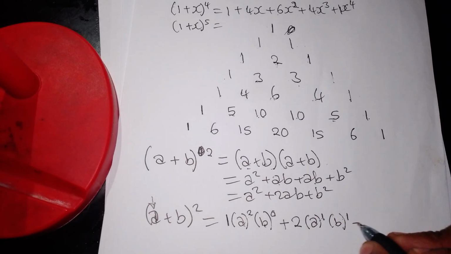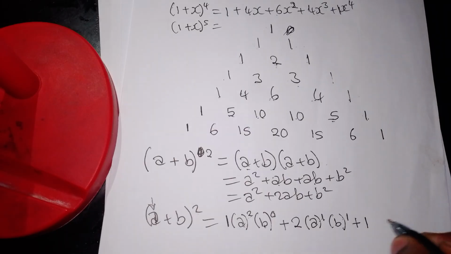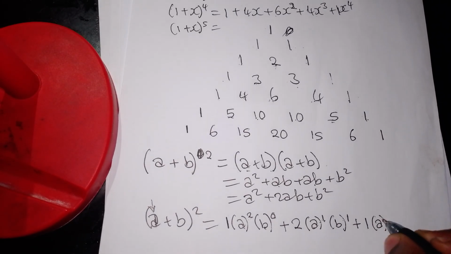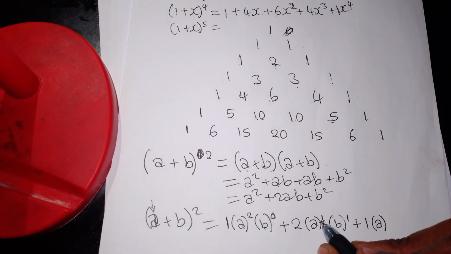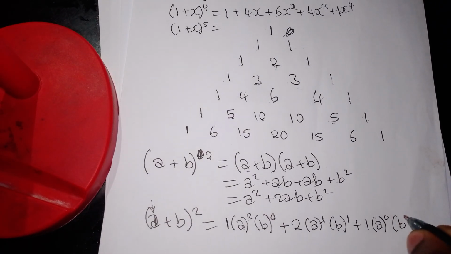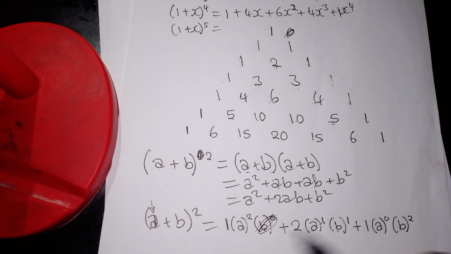So that at the end of the day, the sum of these two powers is always 2 in a case like this. And then plus, the last coefficient is a 1, and then you have an a raised to the power. The power of a is reducing, while the power of b is increasing by 1. Now, we don't normally write these things because these are just ones.